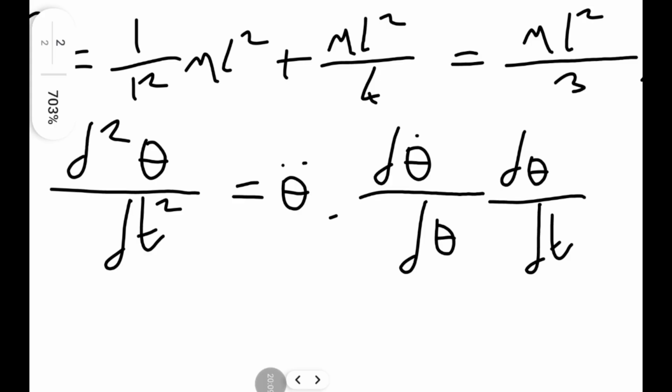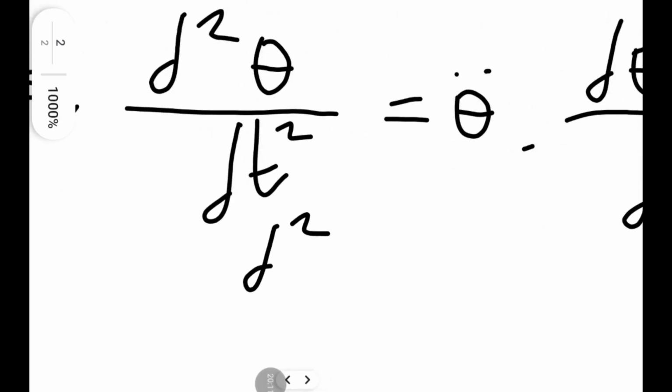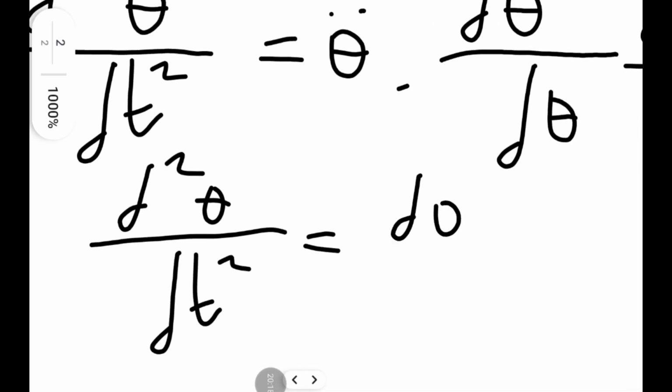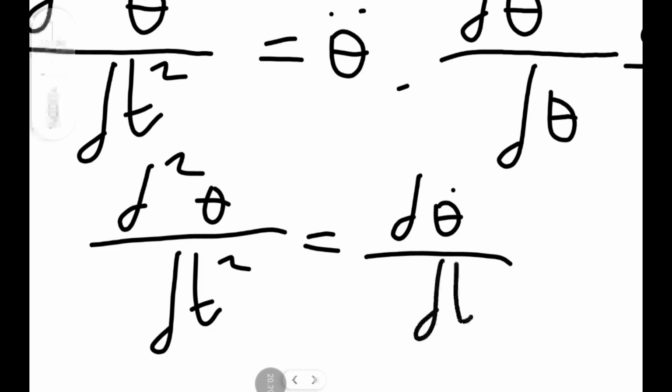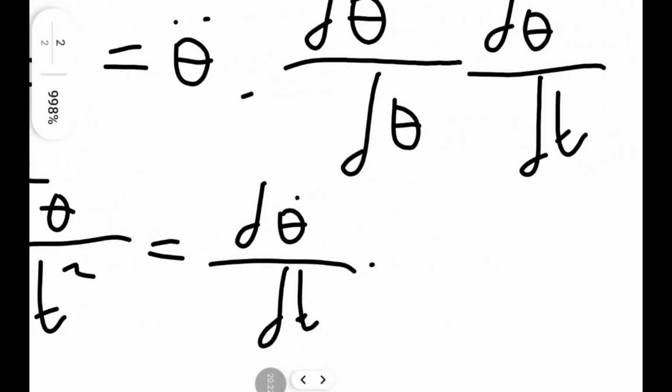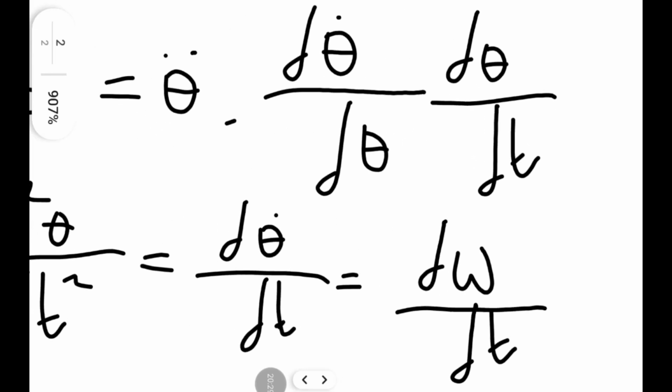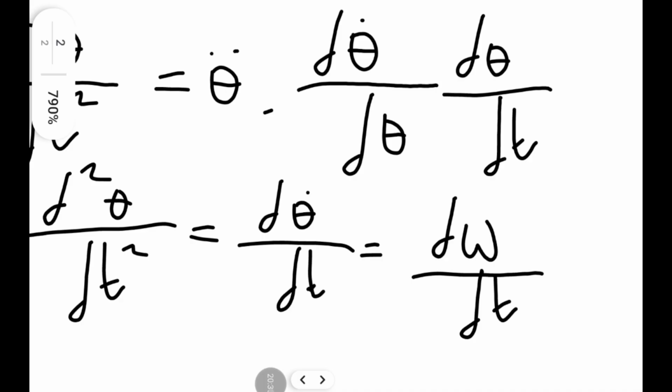The reason why is because we know that d squared theta by dt squared is equal to d theta dash by dt. You know the reason why, because that is equal to d angular velocity by dt. As you can see, they are equal.